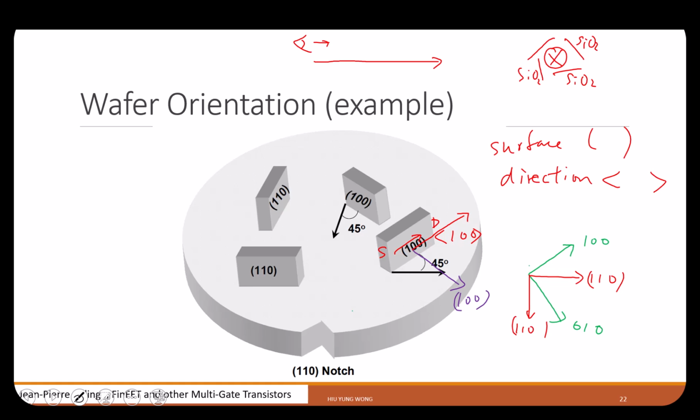And that's why this guy is transporting in 1, 0, 0, but the surface is 1, 0, 0 also. If I have 45 degrees, it's still transporting at 1, 0, 0, but if I cleave this by 45 degrees, then the surface is 1, 1, 0. Make sense? Okay.